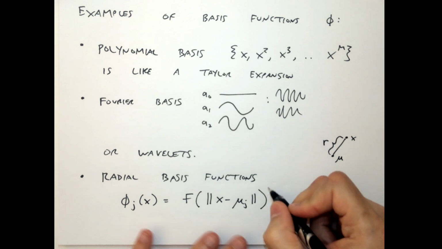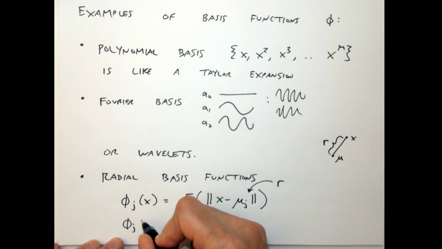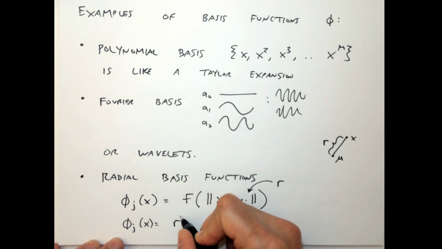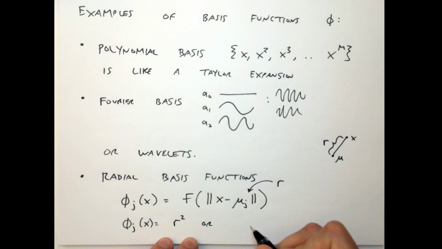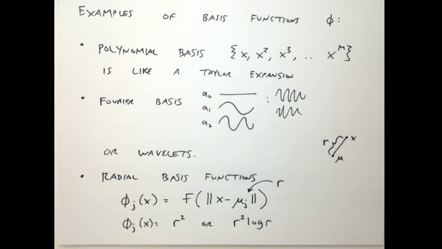If I call this r, then, for example, I could have the function be the radius squared, or I could have it be the radius squared times the log of the radius. That's for something called thin plate splines. I'll talk about that if I have time at the end of this lecture.